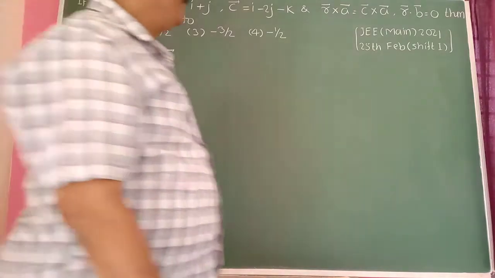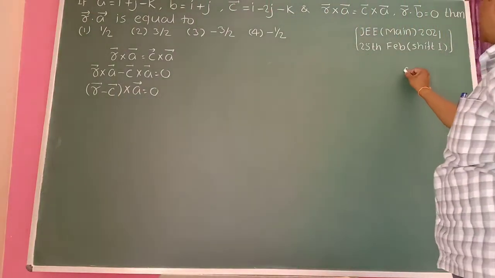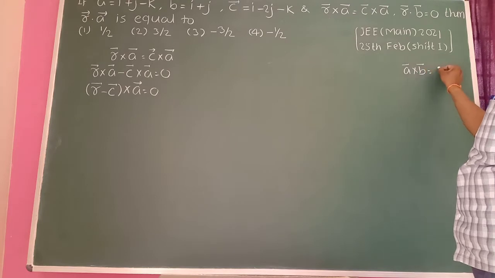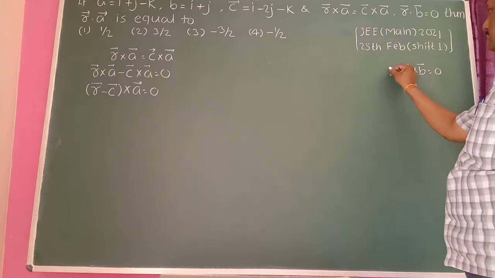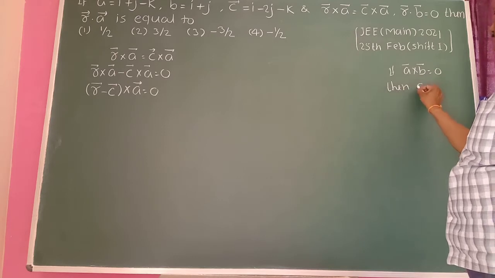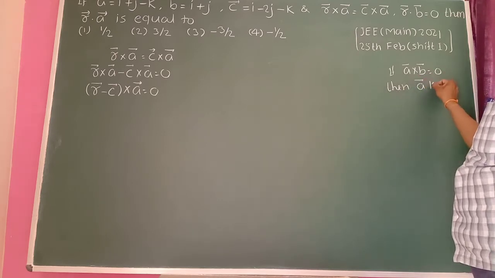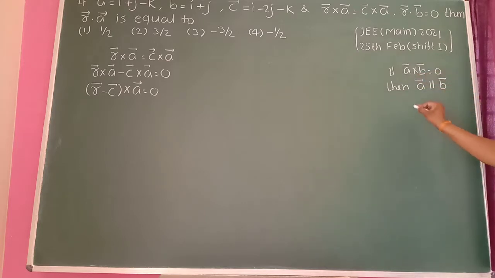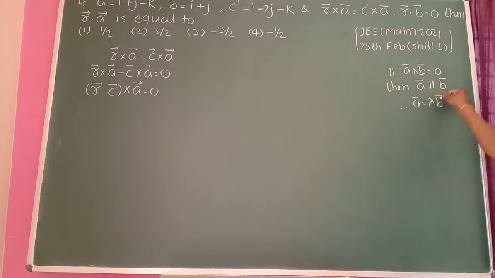So you know that a bar cross b bar here, a bar cross b bar is equal to 0. If a bar cross b bar is 0, then a bar is parallel to the vector b bar here. Then only its cross product is 0. Therefore, you can write here a bar is equal to lambda into the vector b bar here.